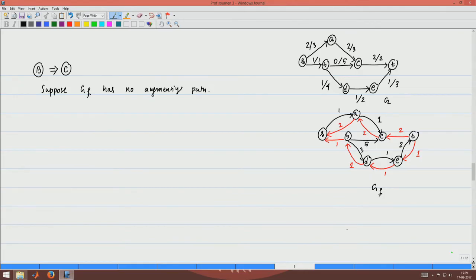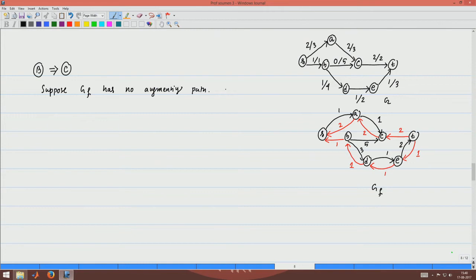Okay. So, B says that suppose G_F has no augmenting path. Of course, this G_F has no augmenting path, you can't find a path from S to T here.